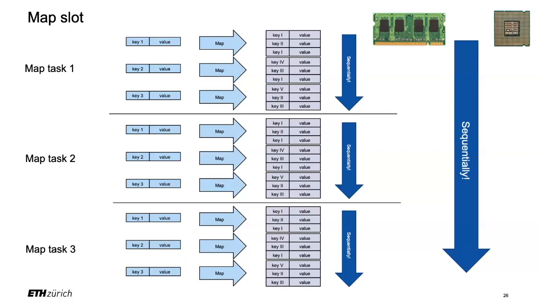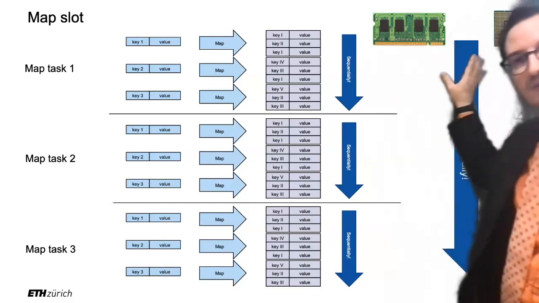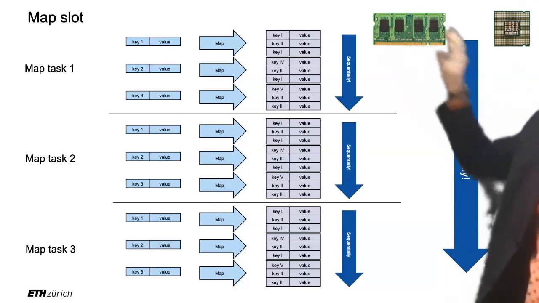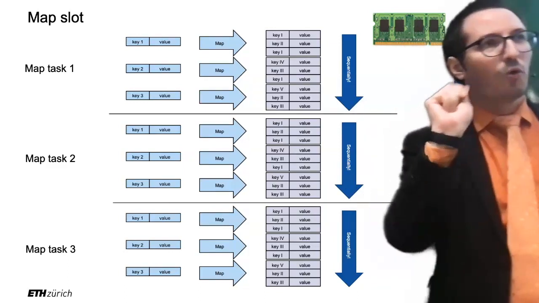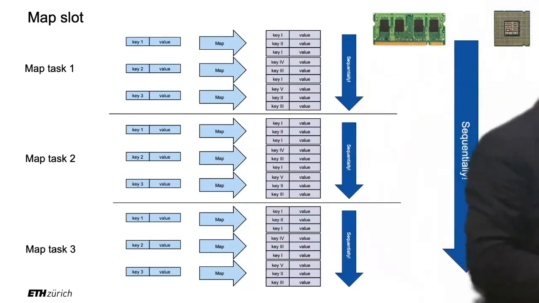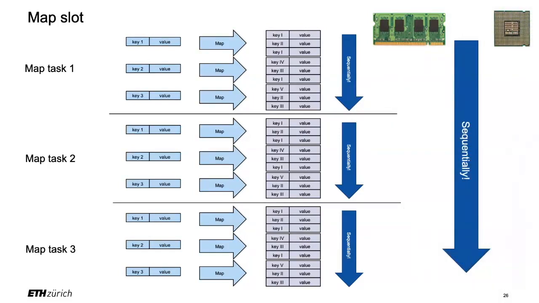I put this little image on the top to show you the hardware. We are talking about some memory in there, and this is one core, or maybe a virtual core, if you want to go to that level, that is going to sequentially process tasks.